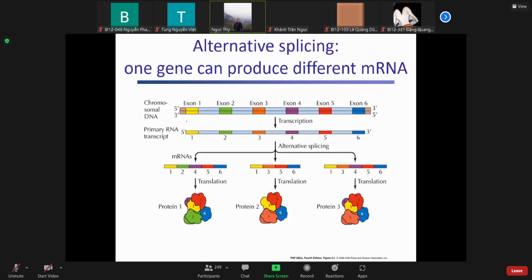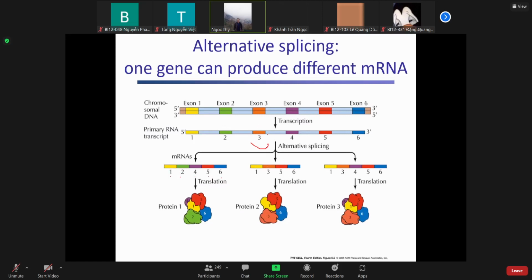Another example: here we have a gene with 1, 2, 3, 4, 5, 6 exons. Because of the different ways of splicing, one type of mRNA includes only exons 1, 2, 4, 5, and 6. Somehow exon number 3 was skipped, and as a result, protein number 1 includes only the regions 1, 2, 4, 5, and 6, but not 3.